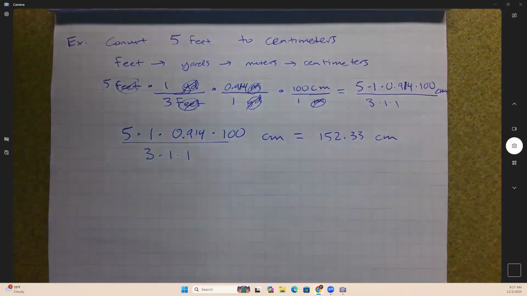Not exact because some of my conversion factors were a little different, but basically the same answer as the 152.4.